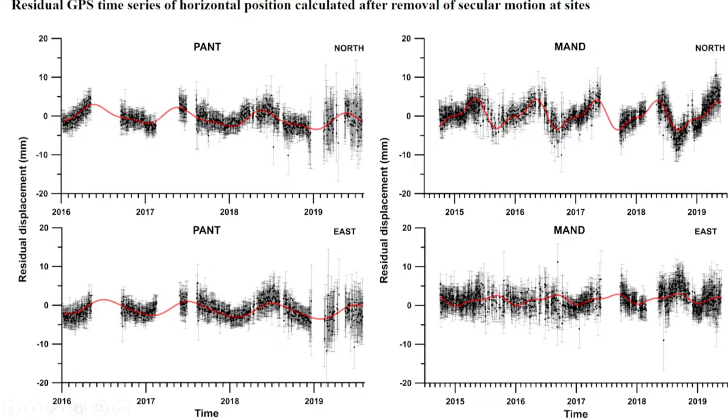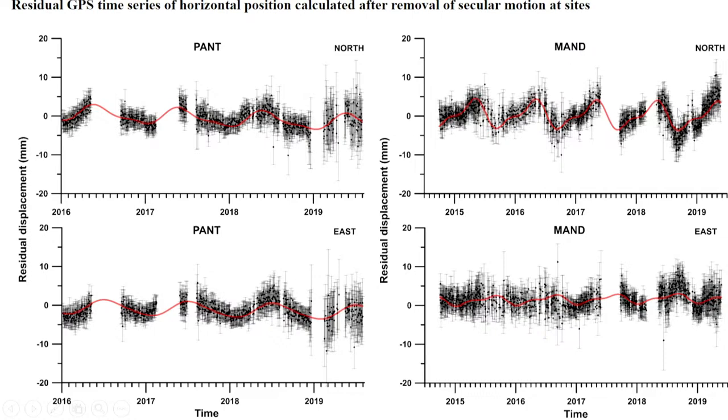You can see the sinusoidal motion here, and this is displacement only. You can see it in the north component as well as in the east component in the Pantnagar region. And here in Mandal you can see this very typical sinusoidal motion.